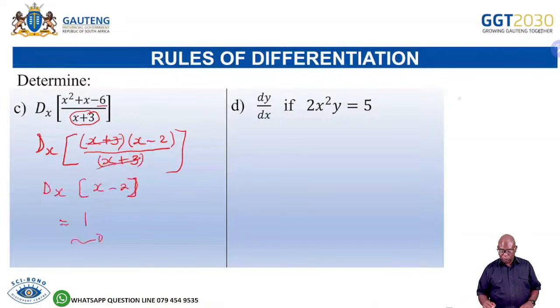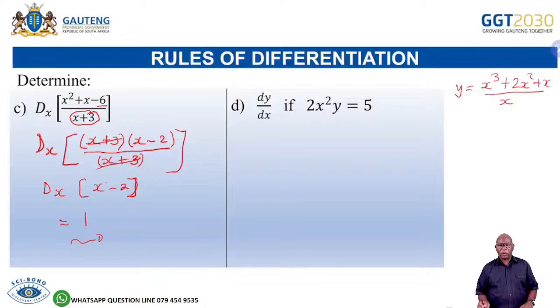Let me just put this one, where you can get maybe y is equals to x cubed plus 2x squared plus x all over x. See, in that case, we're having a numerator there and a denominator. What do we need to do?